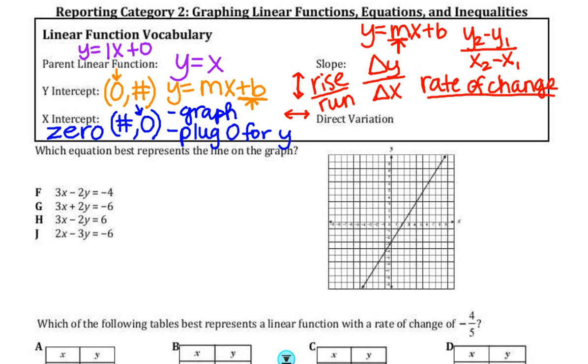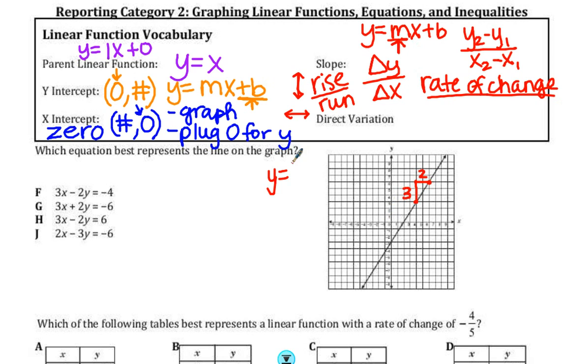Alright, on this first example, it's asking which equation best represents the line of this graph. Probably what I would do here is, I can visually see my slope and my y-intercept, so I'll go ahead and write out my equation. It's going to be y equals, and if I pick out 2 points at a nice intersection, that shows me I rise up 3 and then I run 2.